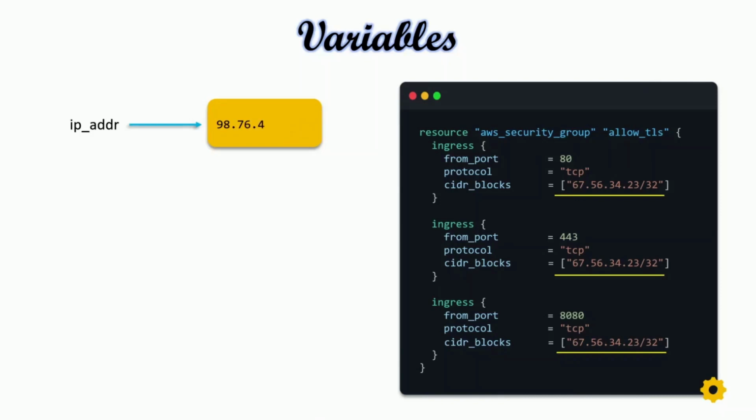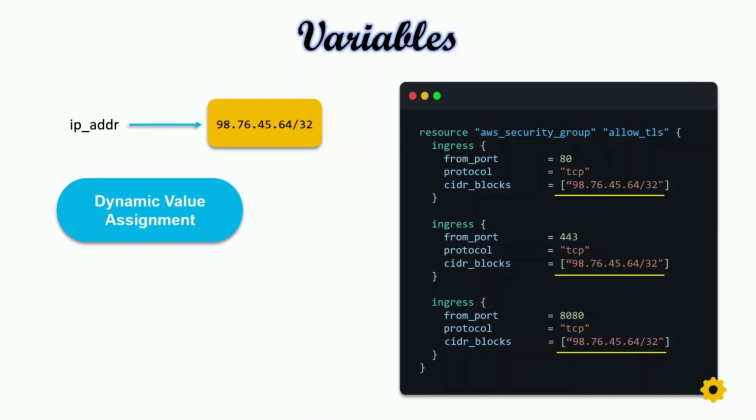I would only need to update it in one place, and whenever I use its name in this code, it will automatically understand and use the latest value when the code runs. This is known as dynamic value assignment. In other words, we create a variable with a name, assign it a value, and whenever we want to use that value in this code, we simply use the variable's name.